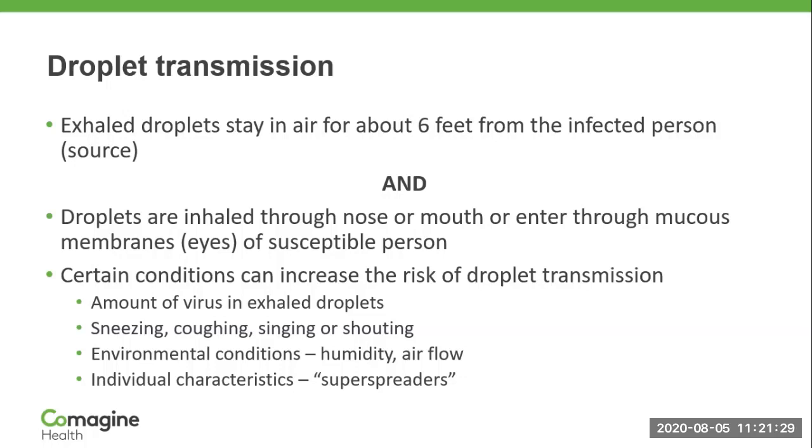Then individual characteristics. There are super spreader events where one person appears, for some reason, to be very efficient at spreading the virus. So there's still a lot we don't know about how it's transmitted, but droplet is definitely a way that can happen. Next slide.